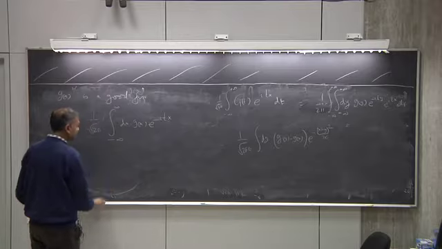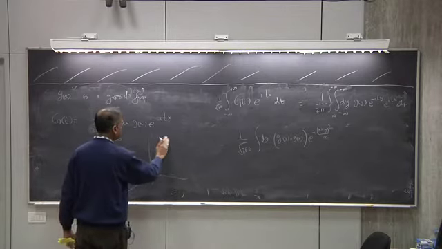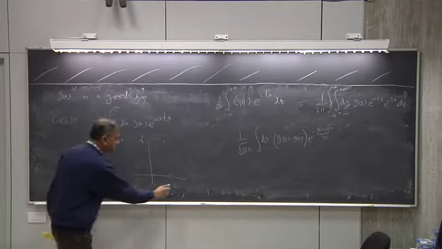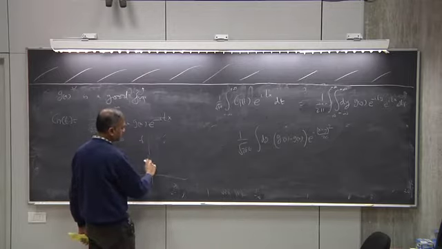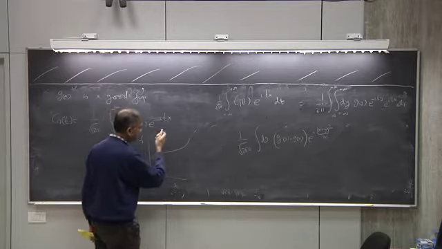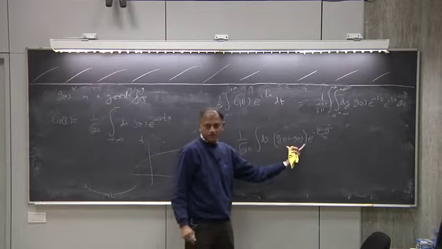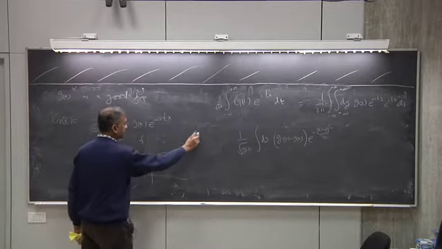Suppose I'm given some function, let's say f of x, and you have x here. I can plot it, it will be some curve. Let me take it to be a continuous function for the time being, because for us this will be a continuous function anyway.